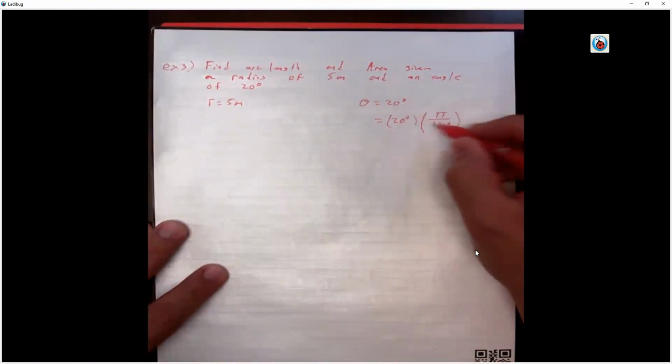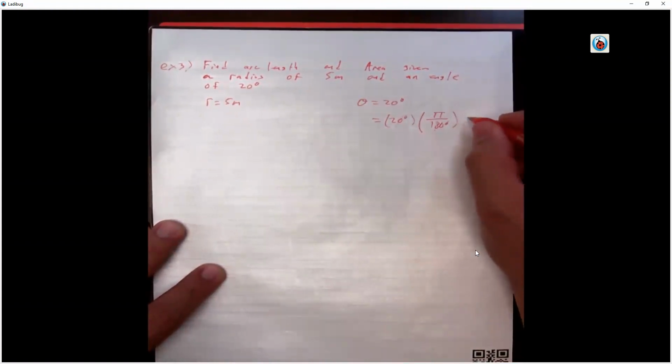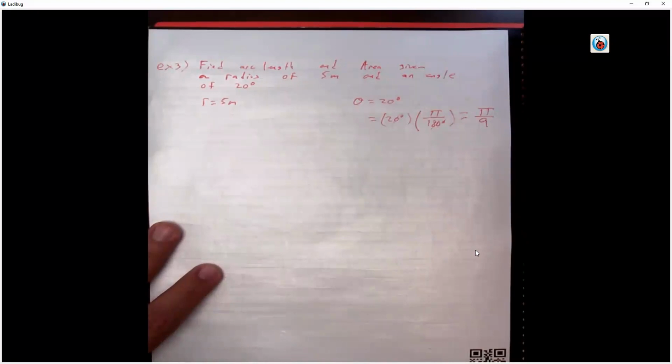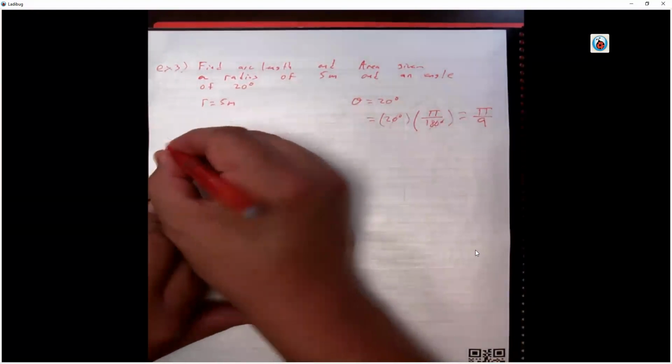Okay, so the powers of 10 would cancel. I'd be left with 2 over 18, pi over 9. This would be the radian for 20 degrees, pi over 9. So just plug it in, you'll be good.